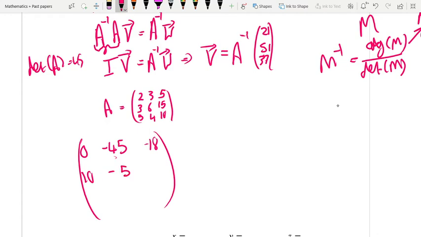What's this one? It's going to be 8 minus 15, minus 7. This one's going to be a bit harder. 3 times 15 is 45, minus 30, this one's going to be 15.